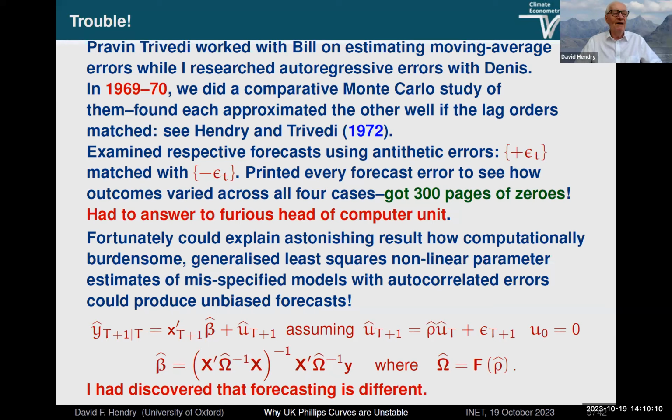And there's a little bit of algebra that meant we had proved a theorem that was extraordinarily difficult for people to do, namely generalized least squares involves estimating an error process, moving average or autoregression, and this is the whole matrix of the error process, and it's x prime x, and then that's reinverted, and then it's multiplied by that times the inverse times y, and yet this, which you couldn't work out the expectation analytically, is an unbiased estimate of the true parameter, because all these are positive terms, and when you change the error, you simply shift the y up and down, and it cancels when you average. So I had discovered that forecasting is very different from estimation.